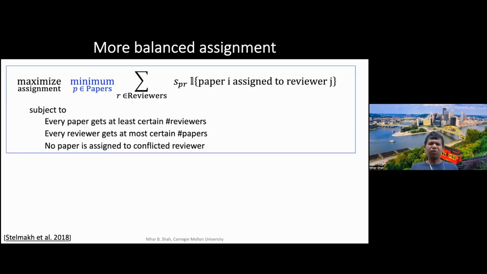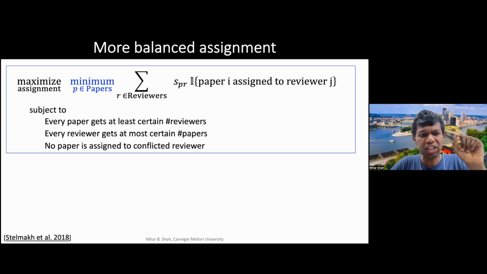Right. So in our work, we started looking at this problem, and we wanted to design assignments which are more balanced. What we do is a modification to the earlier optimization problem. What you see on the slide is what you saw 2 slides ago, with one key difference, shown in blue.